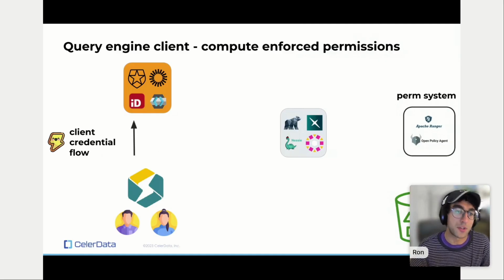So what are compute enforced permissions step by step? First, we use the client credential flow. When your compute is enforcing the permissions, what will usually happen traditionally, and this is common across catalogs like Polaris and Nessie, is you'll use something like a client credential flow, which is a type of authorization flow in OAuth. So I expose a client ID and a client secret. I take the client ID and the client secret and send them over to my identity provider and say, okay, this is me.